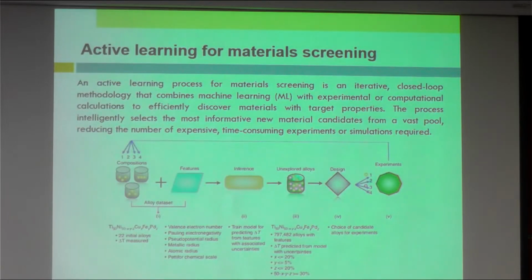For example, here for active learning for material screening, an active learning process for material screening is an iterative closed loop methodology that combines machine learning with experimental or computational calculation to efficiently discover materials with target properties. So the process intelligently select the most informative new material candidates from a vast pool, reducing the number of expensive time-consuming material experiment or simulation required.